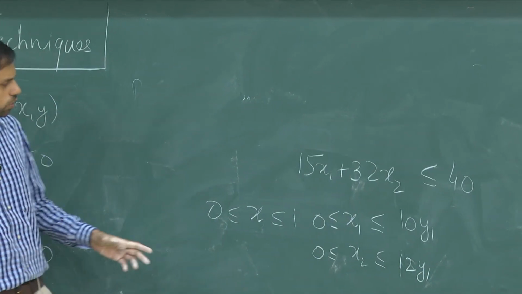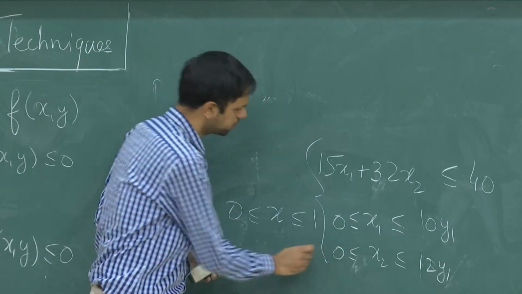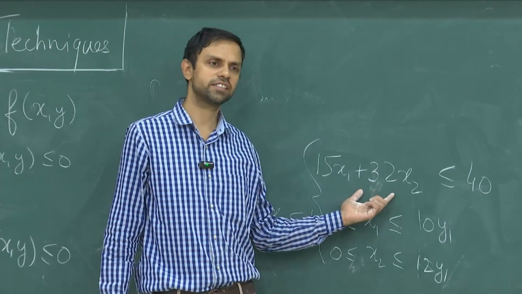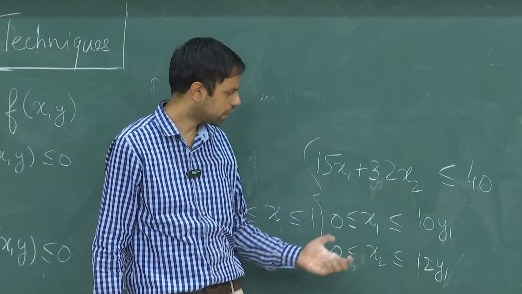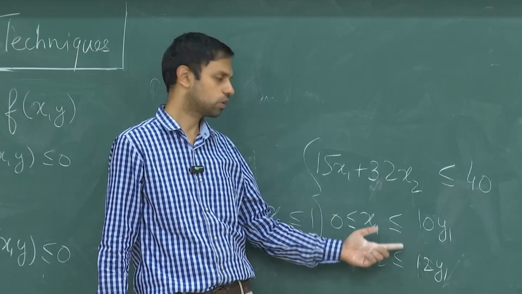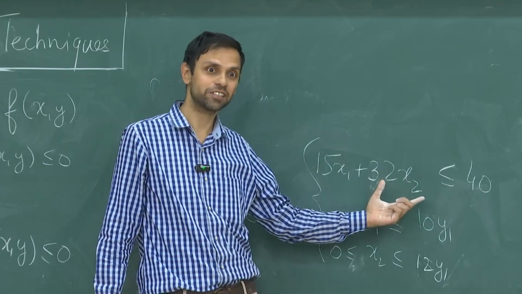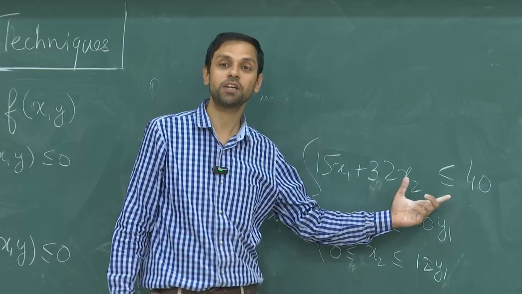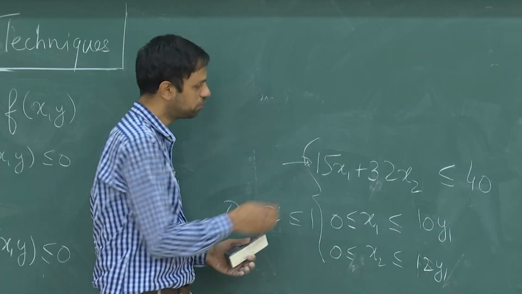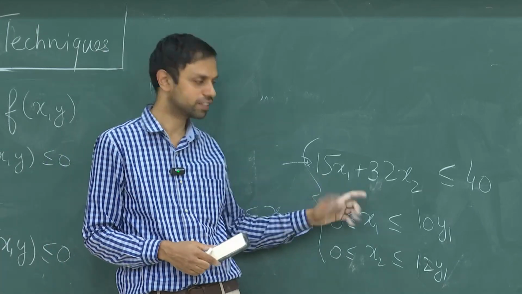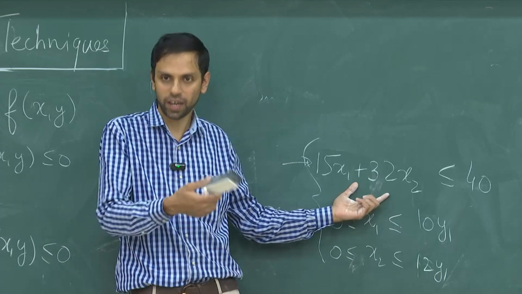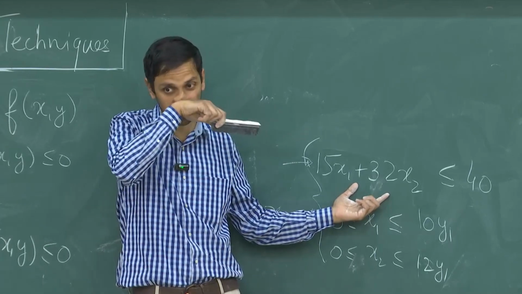If I have this set of constraints, then I know that when y1 is 0, this constraint is redundant, and when y1 is 1, this constraint is still redundant. That means this constraint can be dropped safely. Even though in itself it is not redundant, if I don't look at other constraints, it looks like a useful or important constraint not to leave out.